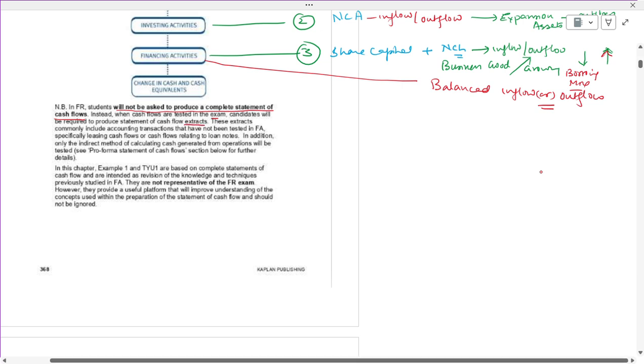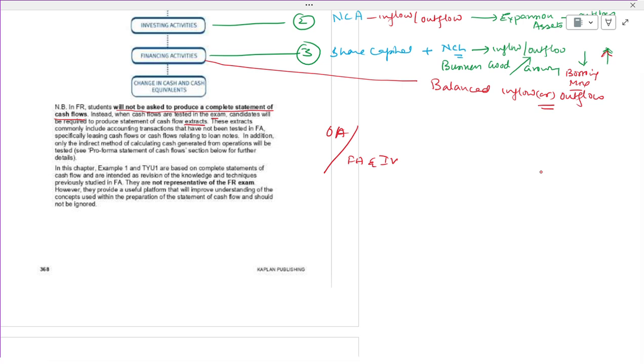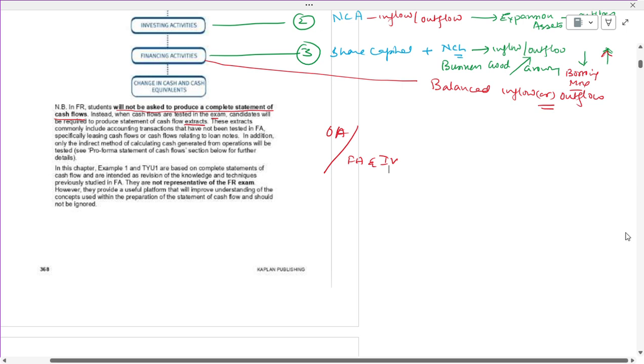Either they will give you operating activities, or they will give you financing activities and investing activities. This is my experience. This is what we have done in the question papers. Fine, that's all. Nothing else is there in this chapter. We will do whatever is there.